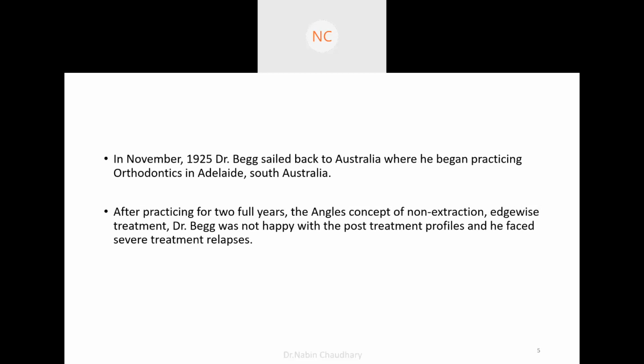After practicing for 2 years on the basis of Angle's concept of non-extraction through the edgewise treatment, Dr. Begg was very unhappy about the post-treatment profiles because of the severe treatment relapse he got.